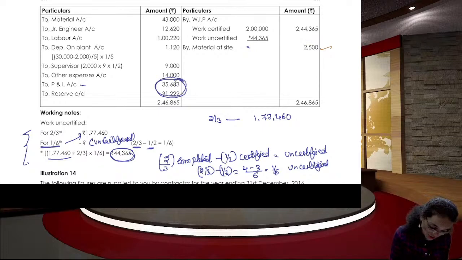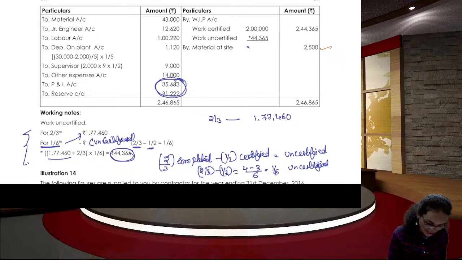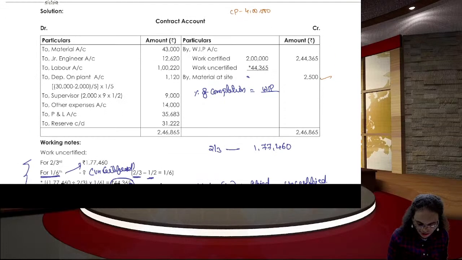But how much should be transferred to the P&L and how much should be transferred to the reserves and surpluses? That is what the question asks. So what we need to do? I told you, check the percentage or degree of completion. How to check? What is the work in progress and what is the contract price?